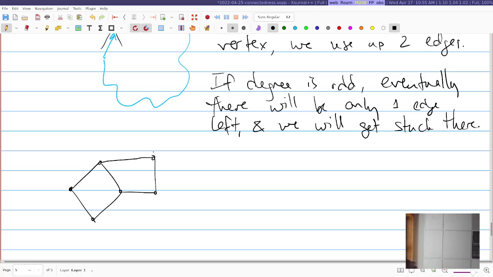Is there an Euler path in this graph? Many people say yes, they think there is. Some people say no, there's not.